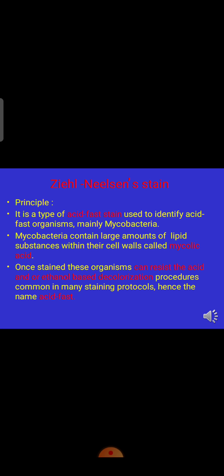Once the Mycobacteria are stained with the carbol fuchsin, the first stain, this organism can resist the acid or ethanol-based decolorization. Once it takes the stain, it is difficult to decolorize, even when we use a strong decolorizing agent in the form of acid or acid plus alcohol. So, for this reason, this bacteria is called acid-fast bacilli.